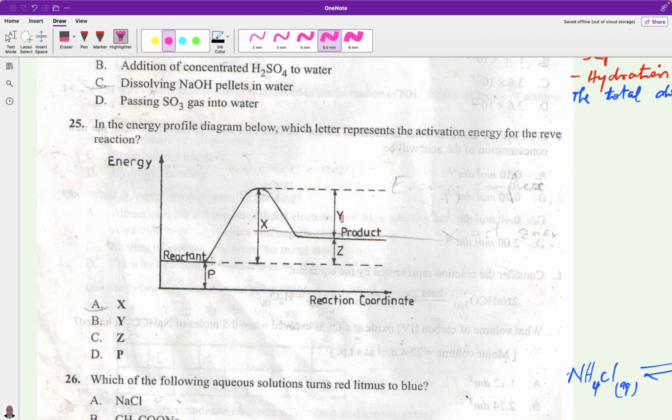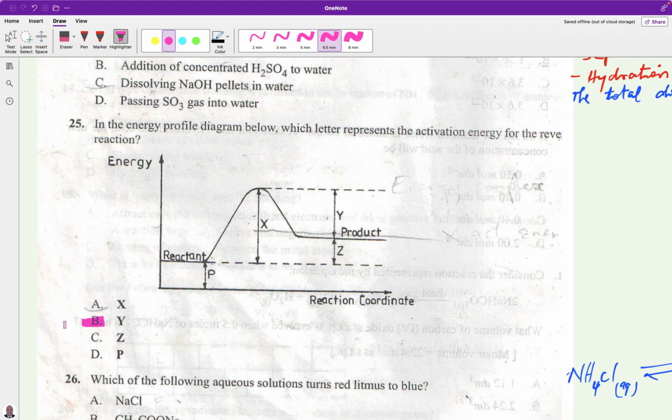The letter that represents the activation energy for the reverse reaction is Y, and our answer here is B. Y is the activation energy for the reverse reaction.